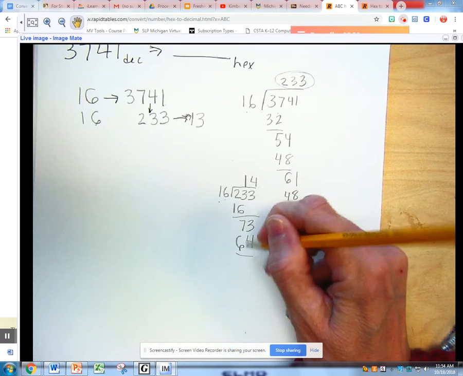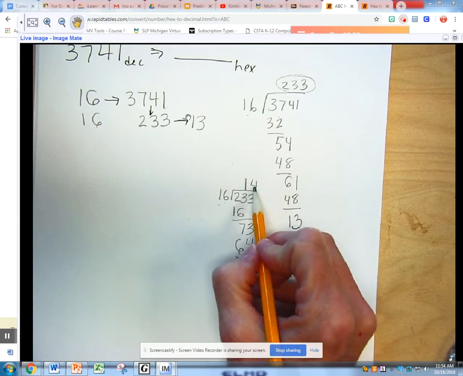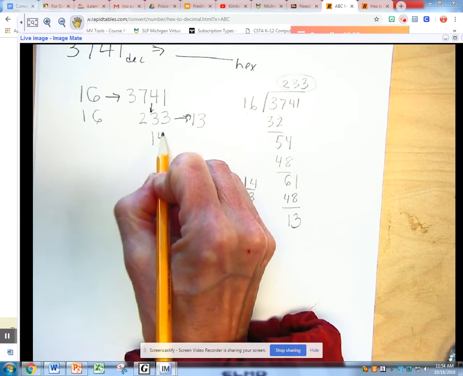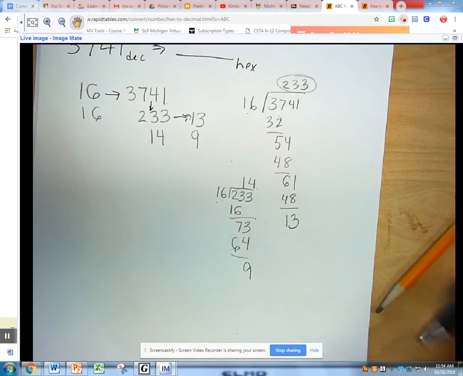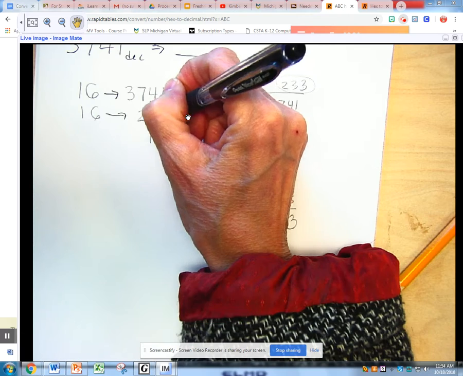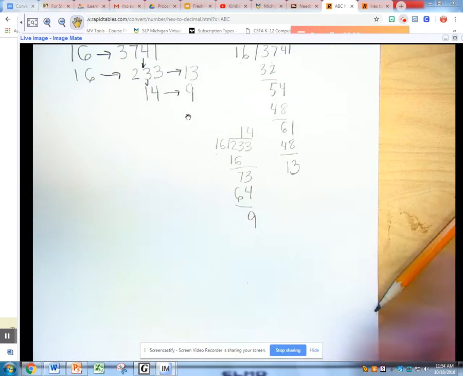With a remainder, if I subtract, I get 9. So remember, the 14 goes underneath 233. The remainder goes to the right. Again, draw these arrows if they help. Now I keep going until I get a 0 in the middle column.